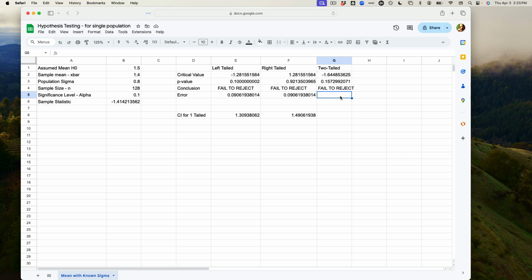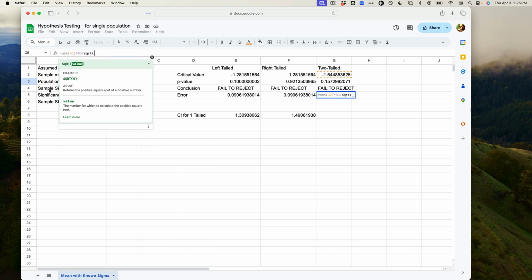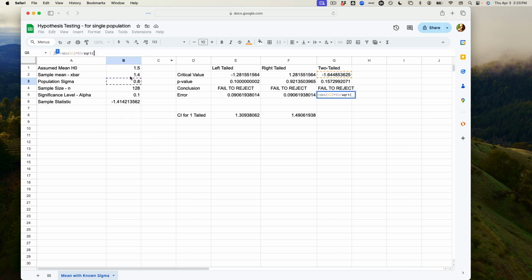So this would be equal to my critical Z value, but I'm going to put it in absolute value, so I get a positive value for convenience. Okay, so Z value times sigma, okay, over square root of the sample size, 128, correct?